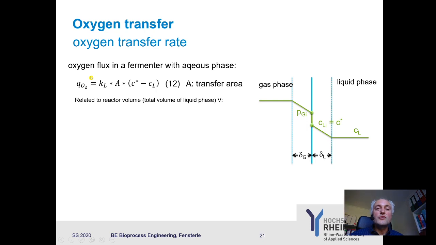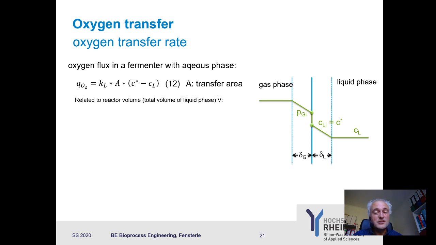So this looks straightforward. However, you would say, what is this area? If I have, let's say, an Erlenmeyer flask which is just standing there, and then have an aerobic process, it's easy. If it's shaking, then to calculate the surface is possible, but already more difficult.